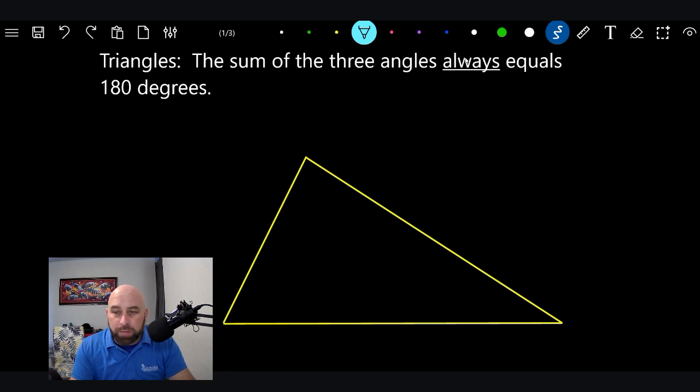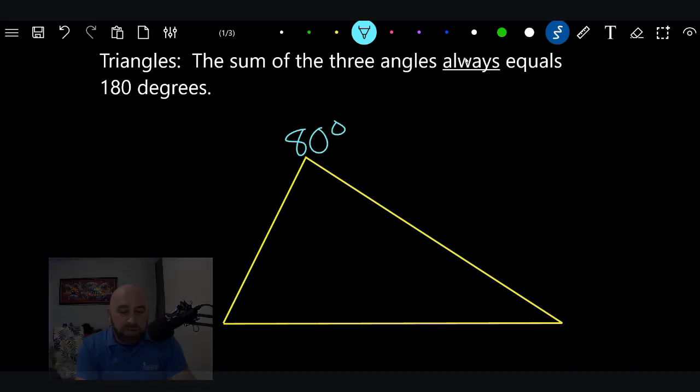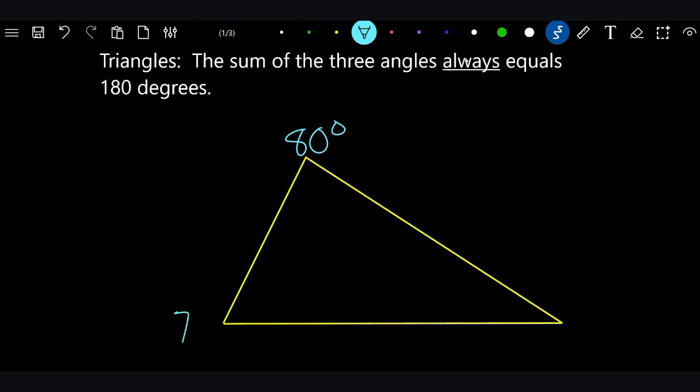In other words, what do I mean by that? Well, let's say that this one equals 80 degrees and this one equals, make this 70 degrees. Okay? So the question is, what does this one equal? Well, you could do it several different ways, but you do 180 minus 80 minus 70.